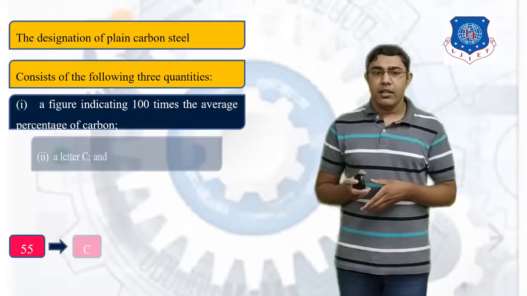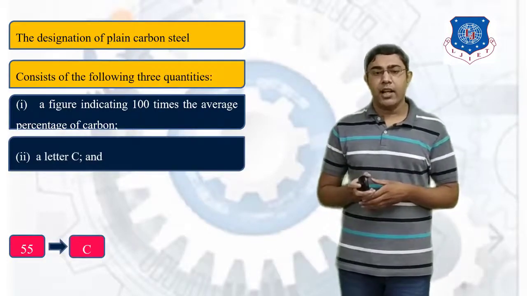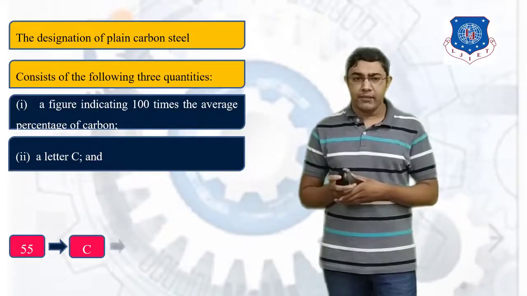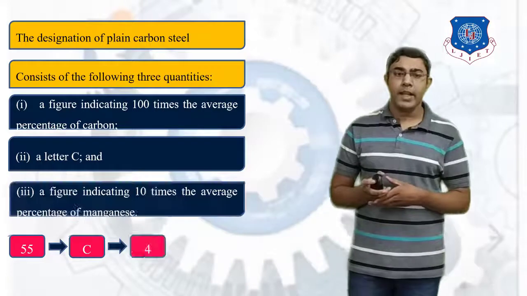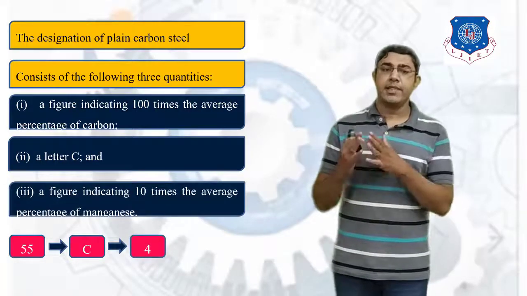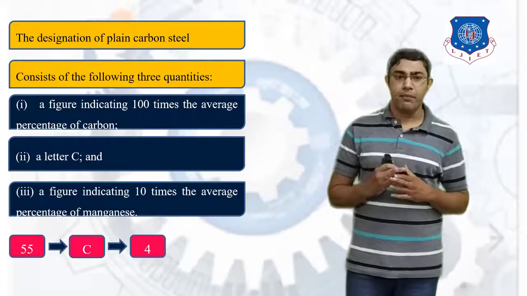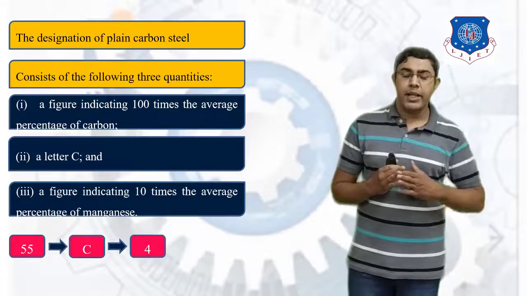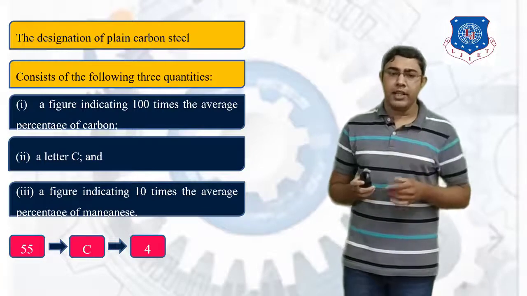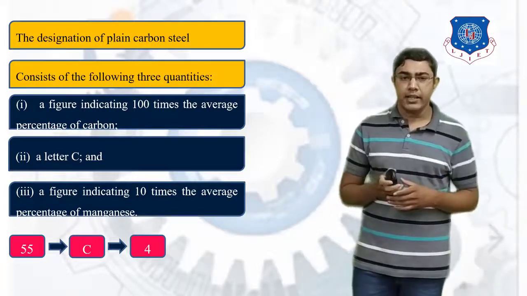Second is a letter C, a capital letter C. And third is a figure indicating 10 times the average percentage of manganese. Here you can say the 4 is indicated.